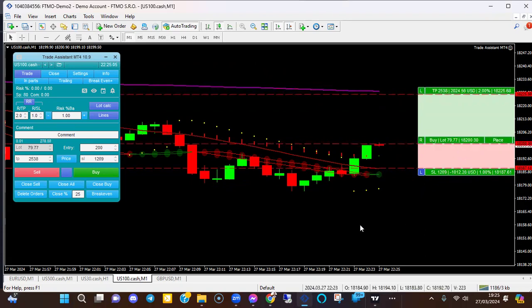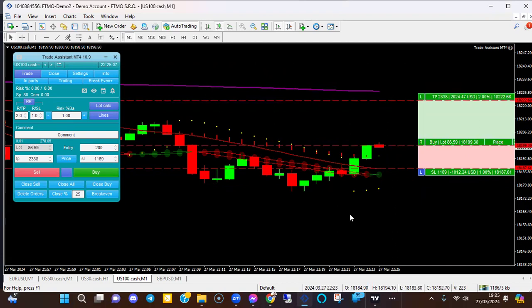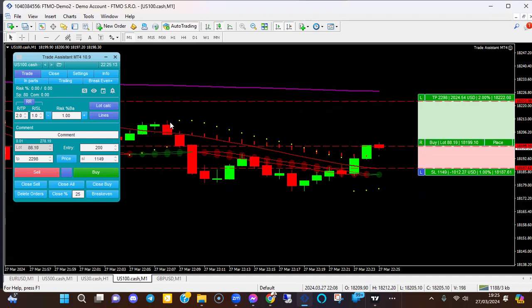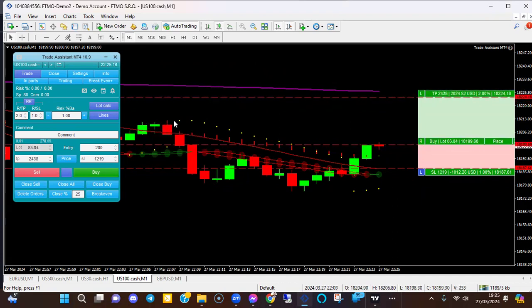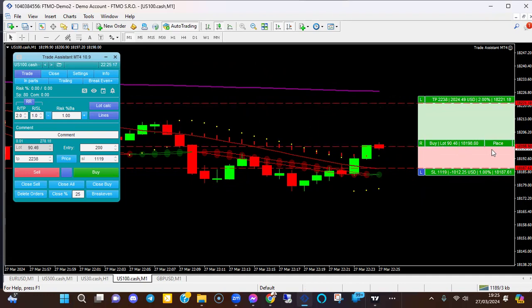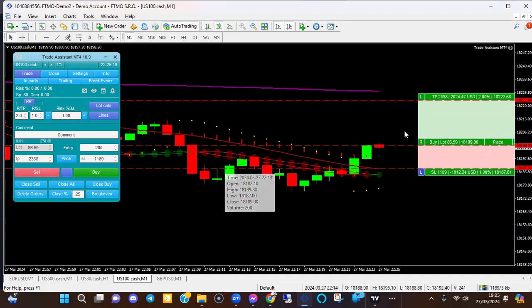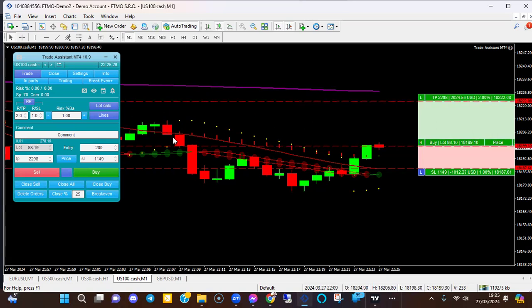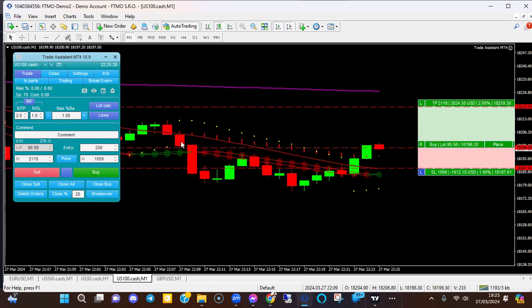So we have that buy alert again. I want to see price get above here though, really. This area here, to break away from this mini consolidation that we're seeing. And also making sure it just hasn't come to take out that imbalance there.